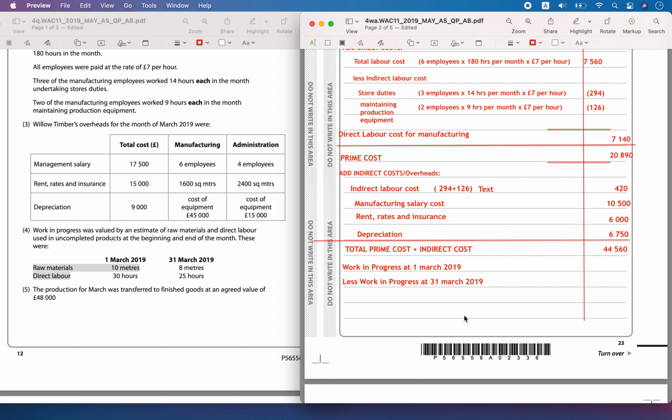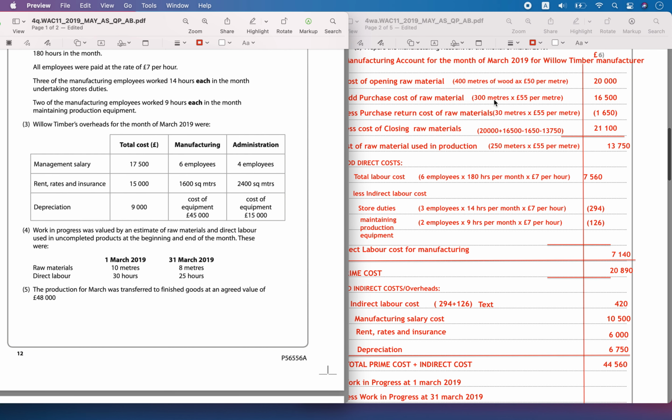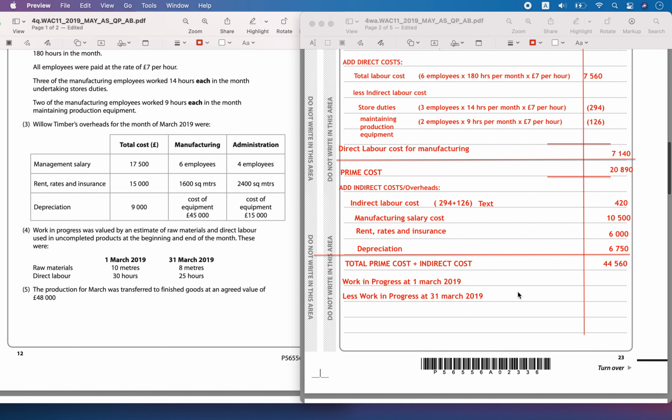Now let's write for these two. The work in progress, first one is the raw material, which is 10 meters, and the rate of purchase at the opening was 50 pounds, so we have to take that value.